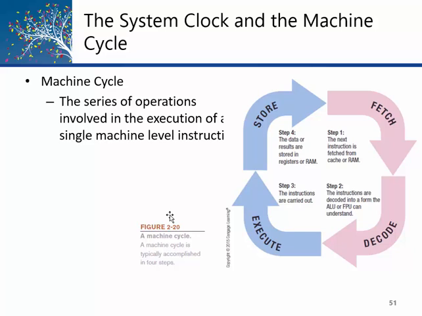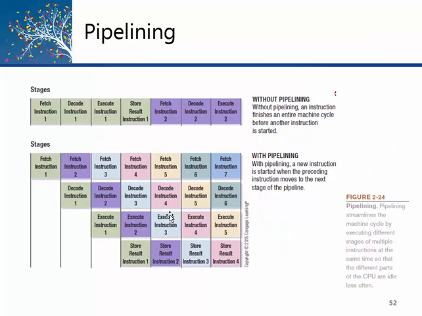Decode, look at the instruction. Execute, do what the instruction says, and then save the results. Get the next instruction, look at it, do it, save the results. So that machine cycle is a way that the computer does its processing.